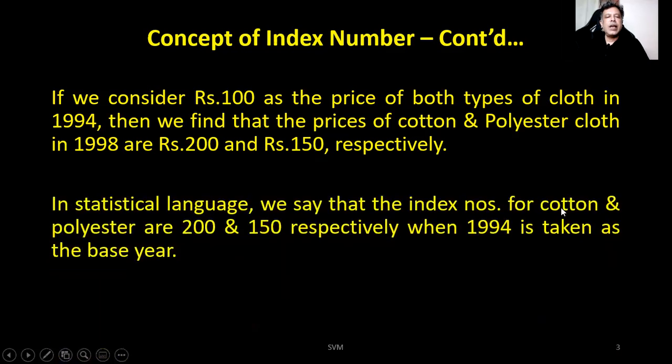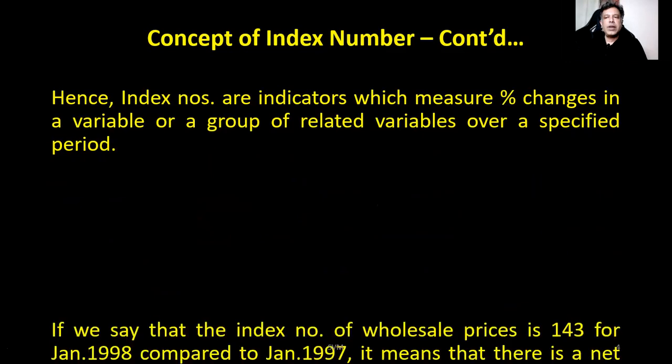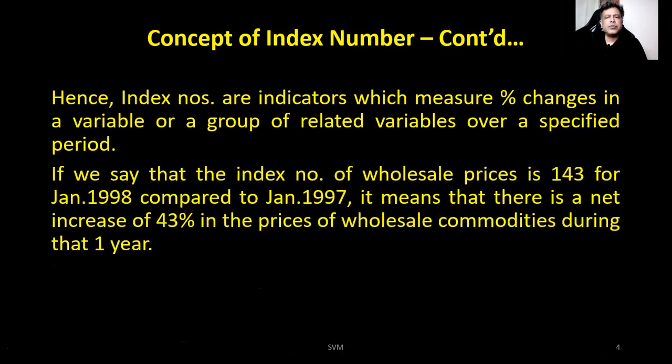So in statistical language, we say that the index numbers for cotton and polyester cloth are 200 and 150 respectively, when you consider 1994 as the base year and 1998 as the current year. Hence, index numbers are indicators which measure percentage changes in a variable or a group of related variables over a specified period of time.